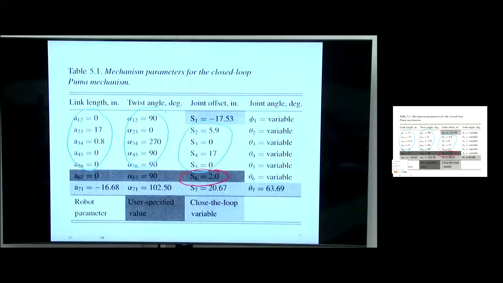Okay, when we did this close the loop step, let me try to find a color that'll show up here. We picked these two to establish the S7 line. Okay. So once I knew S7 in the fixed, I can see this S7 line and I can see the S1 line.